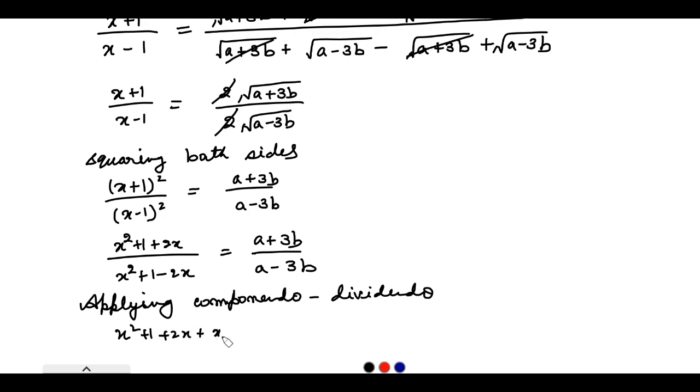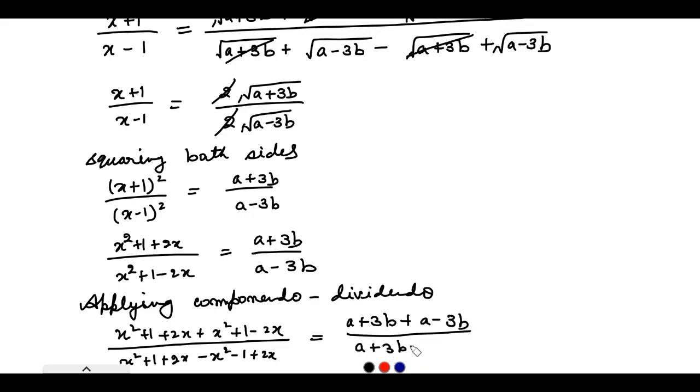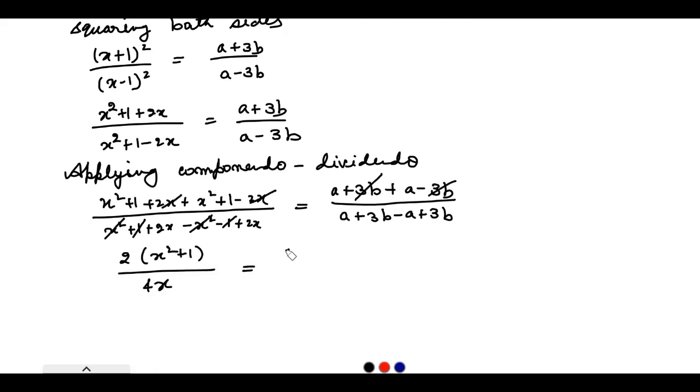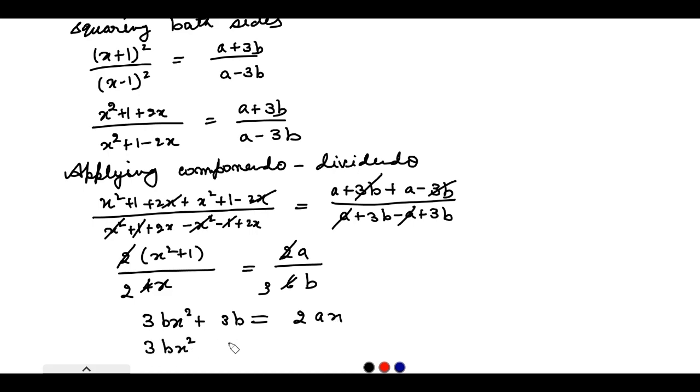Numerator plus denominator. Cross multiply: 3bx square plus 3b is equal to 2ax, means 3bx square minus 2ax plus 3b is equal to 0. This is the required result.